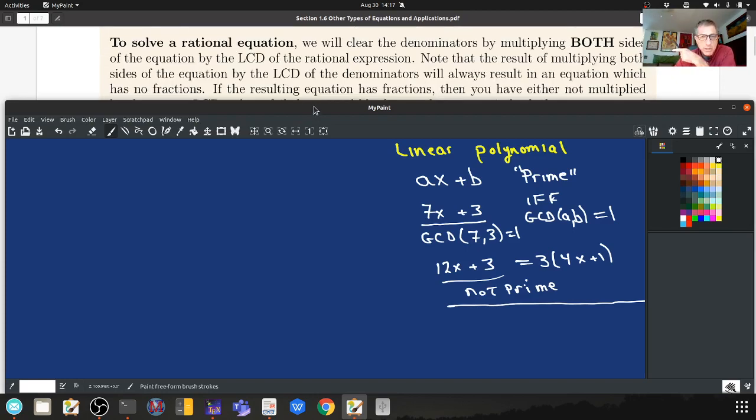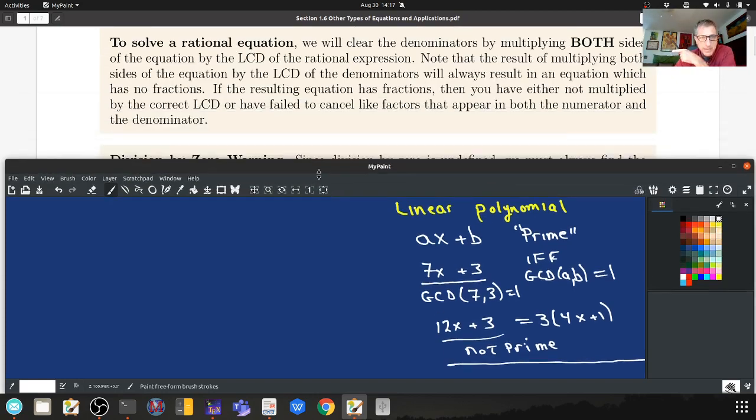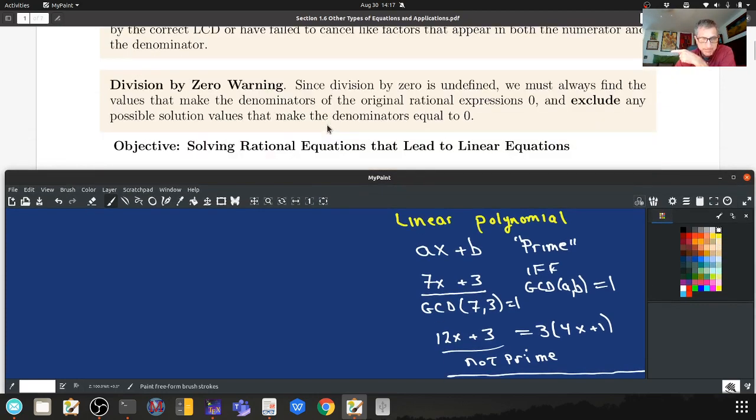So let's go on to the next thing that I have up here, the division by zero warning. As you've heard a million times, division by zero is undefined.